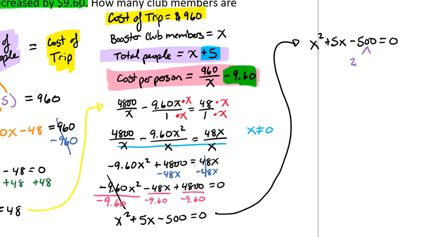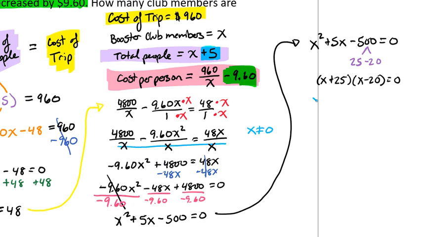But I'm going to use the numbers 25 and negative 20. They will give me a product of negative 500, and they'll add to 5. So I can write this in factored form as x plus 25 and x minus 20 set equal to 0.